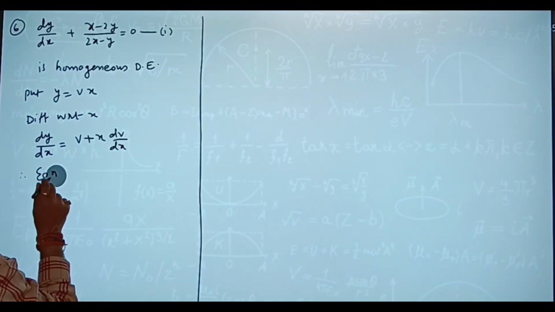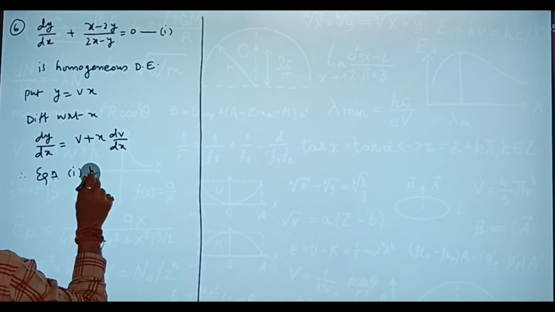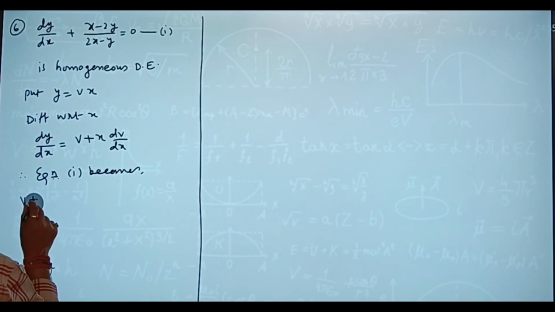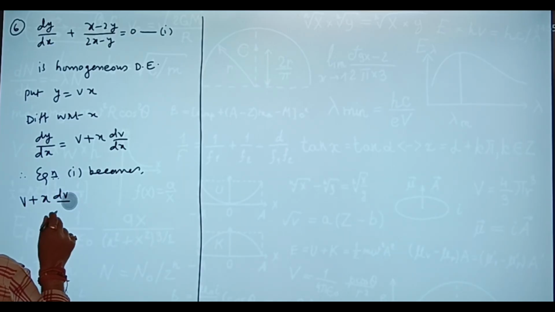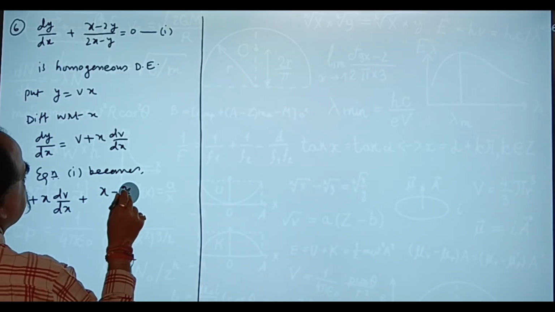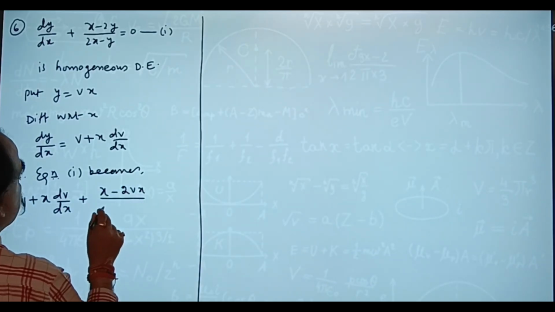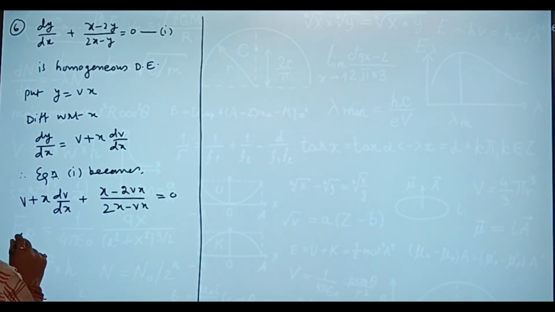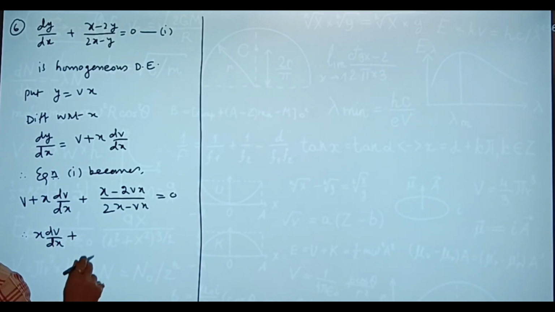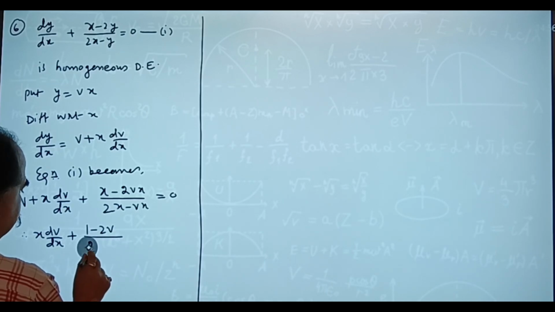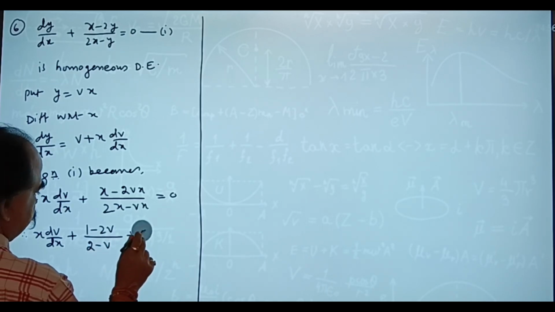Therefore, equation 1 becomes v plus x dv by dx plus (x minus 2vx) upon (2x minus ...) equals (1 minus 2v) upon (2 minus v) plus v.